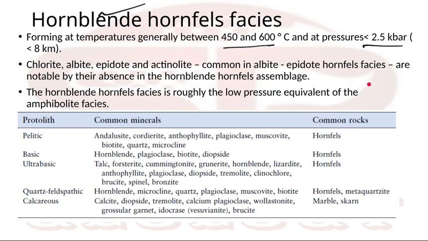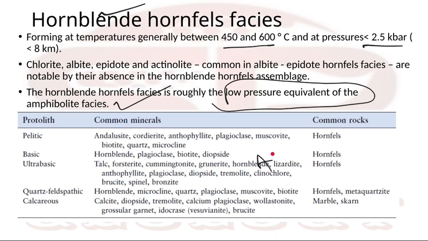This is the low pressure equivalent of amphibolite facies. So albite epidote hornfels is the low pressure equivalent of greenschist, and this hornblende hornfels is also the low pressure equivalent of amphibolite facies.